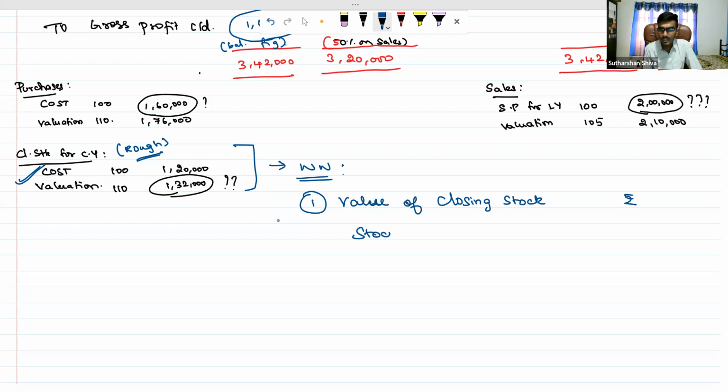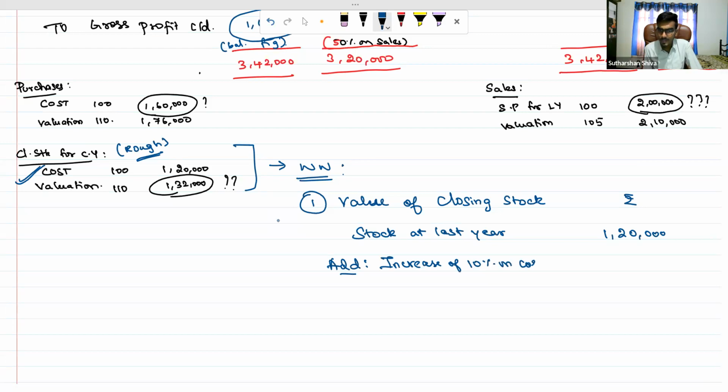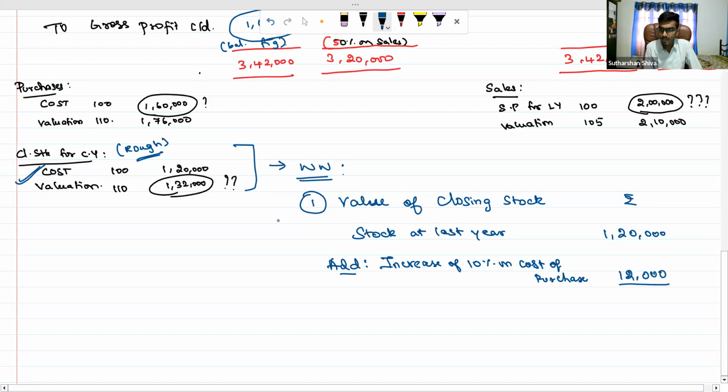Okay, what is my stock at last year? It is 1,20,000. So if there is an increase of 10% in cost, increase of 10% on cost of purchase, that is COP, if it is added, it is nothing but 12,000. My overall value is going to be 1,32,000. Sorry, this stock is going to be 60,000.